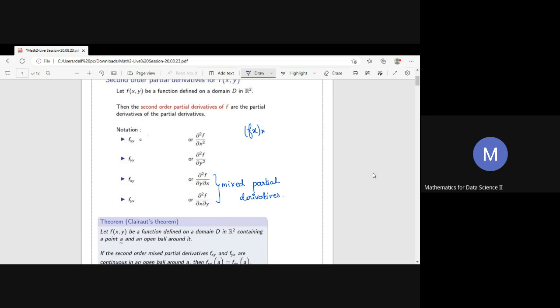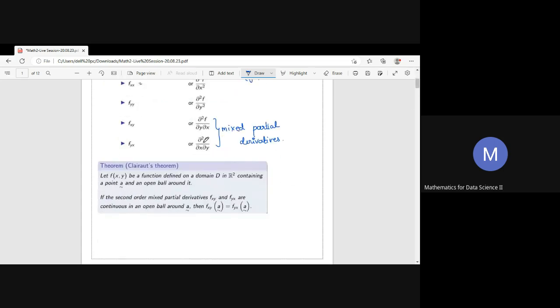For mixed partial derivatives, we know that they are equal when we have the following condition. If you have a function f of x comma y on a domain D in R2 containing a point a tilde and an open ball around it, and if we know that the second order mixed partial derivatives are continuous, then fxy of a tilde equals fyx at a tilde.